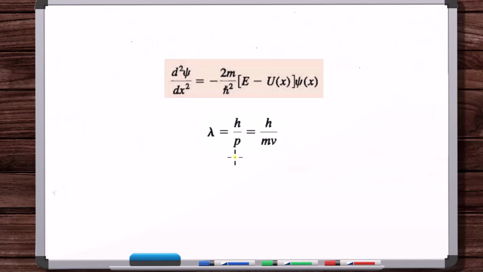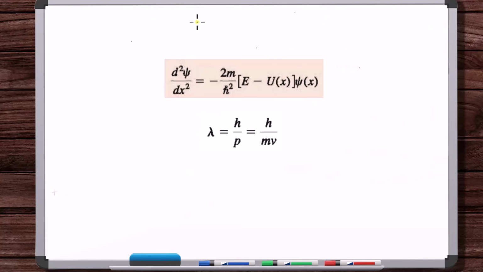Now let's think about electrons and atoms. The velocity is always changing, right? You would think. So the wavelength can change. That's what this is all about, this E minus U of x. So you have the total energy of a particle, like an electron. And we talked about this in the What is Energy video. Fundamentally, energy is either going to be kinetic energy or potential energy, which is stored kinetic energy.